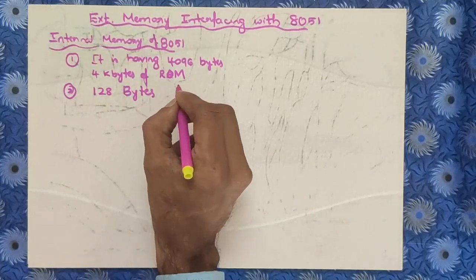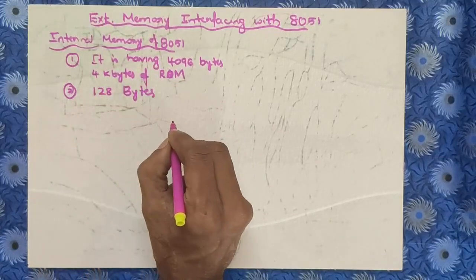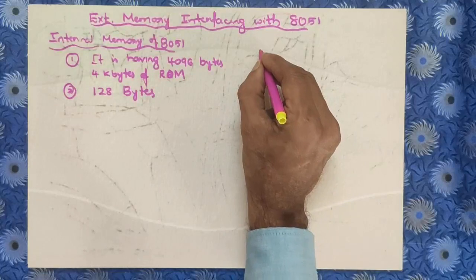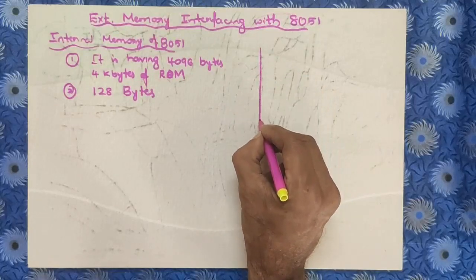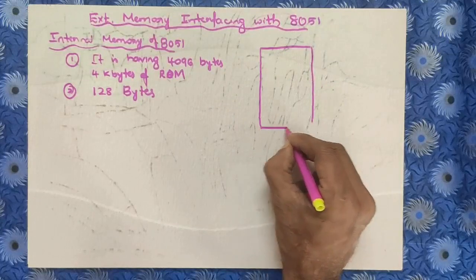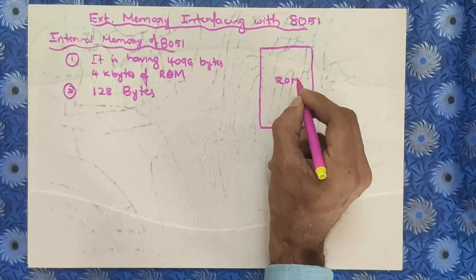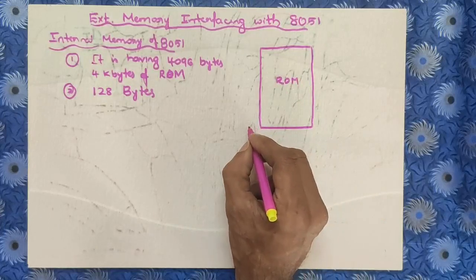That's why the structure of our 8051 internal memory is something like this. Actually, this is the ROM which is associated. This is read-only memory. Okay. It is 4 kilobytes.